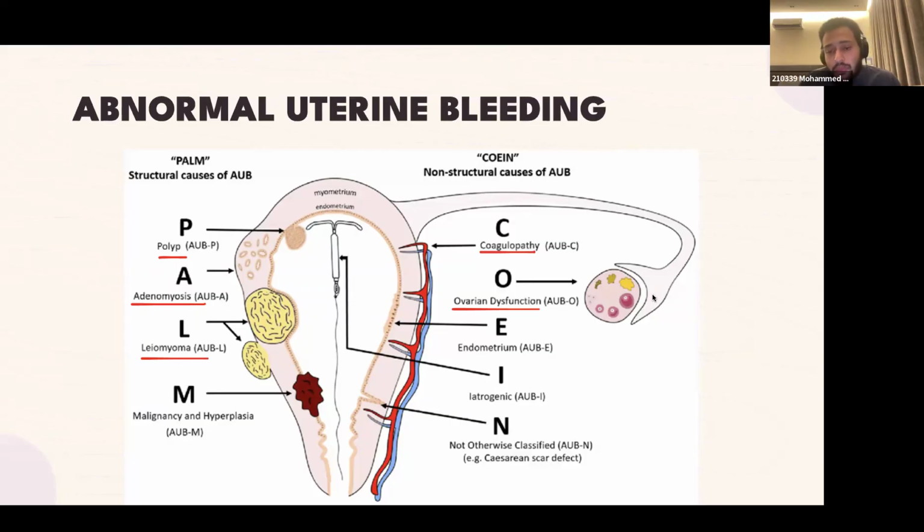Then endometrial causes, endometriosis, something like that. Then you have iatrogenic, such as during a D&C, dilation and curettage. For example, if someone's using an intrauterine device, IUD, such as copper IUD or progesterone IUD, and we'll talk about these. Then not otherwise classified, due to any other cause, okay? We'll talk about them one by one.